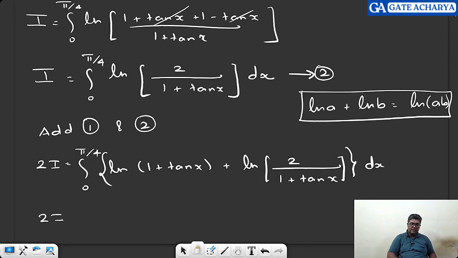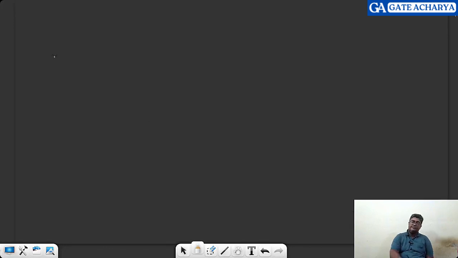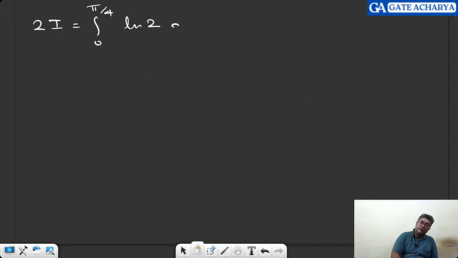So 2I is equal to 0 to pi by 4 log of 1 plus tan x multiplied by 2 divided by 1 plus tan x. Now 1 plus tan x, 1 plus tan x can be cancelled out. So what do I get? 2I is equal to 0 to pi by 4 log of 2 into dx.